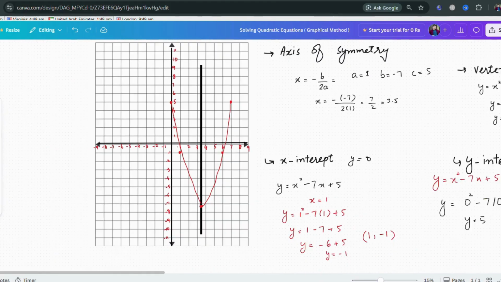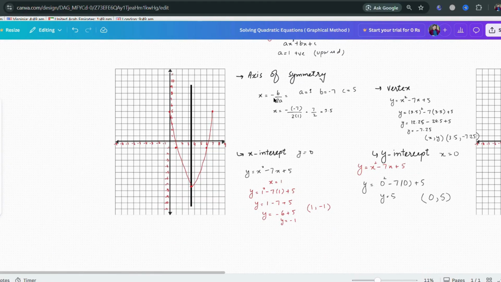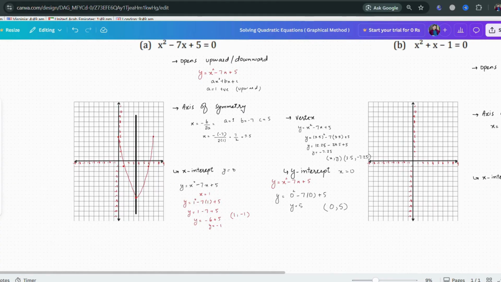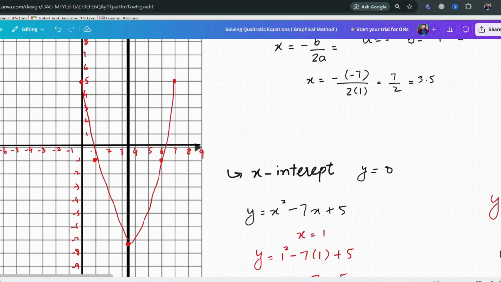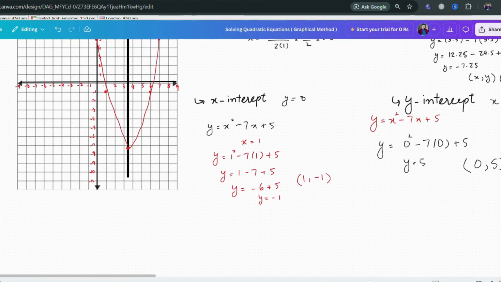This is how my parabola is going to look. The points where the graph passes through the x-axis are the solutions of that quadratic equation that we were trying to find using the graphical method. Those points are this point and this point.